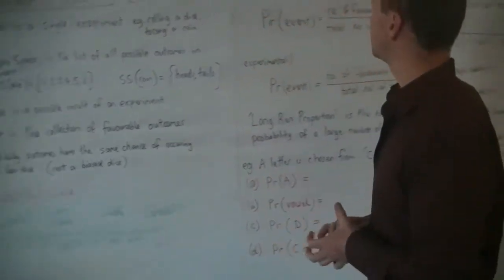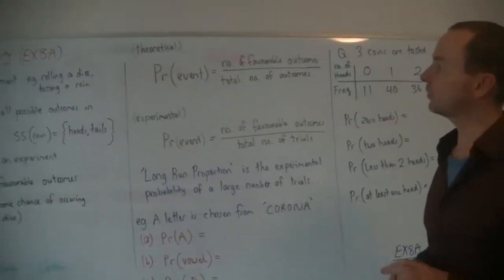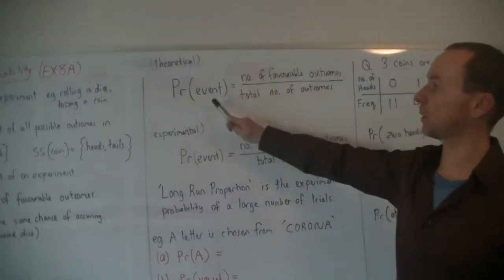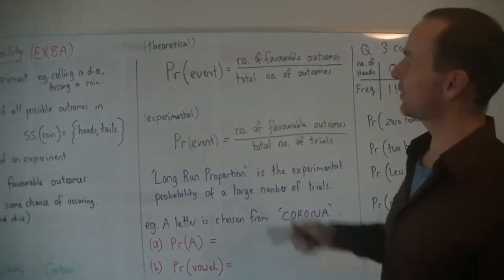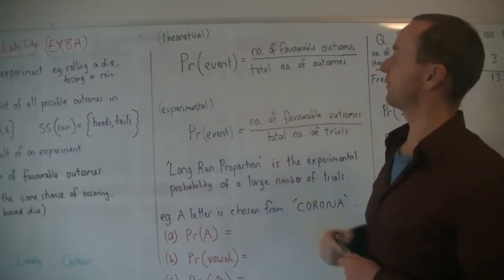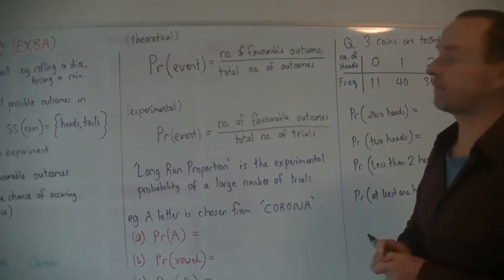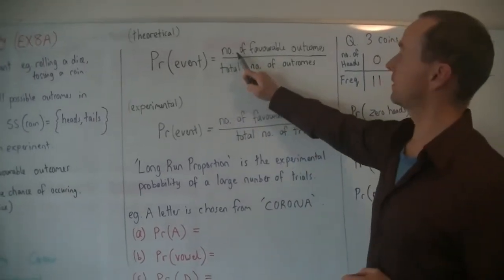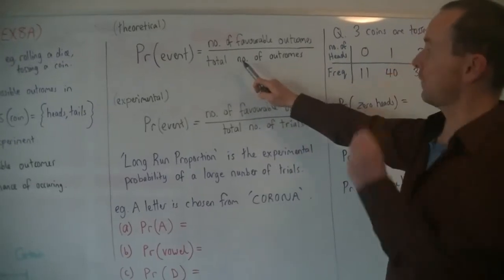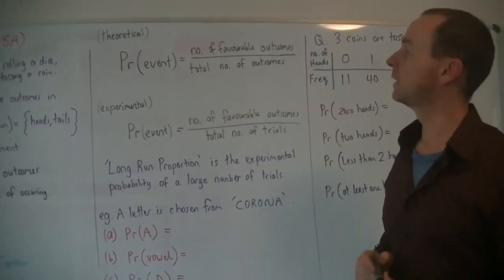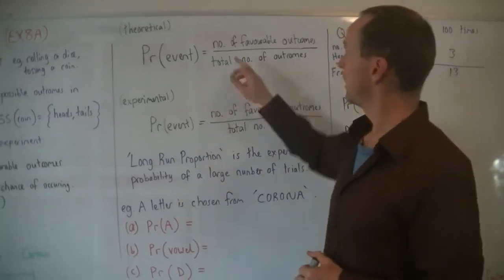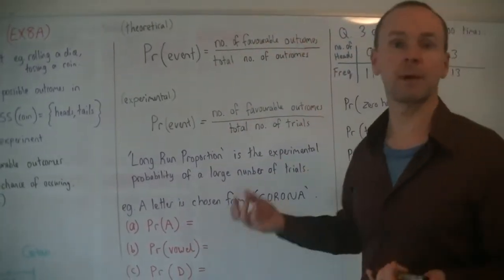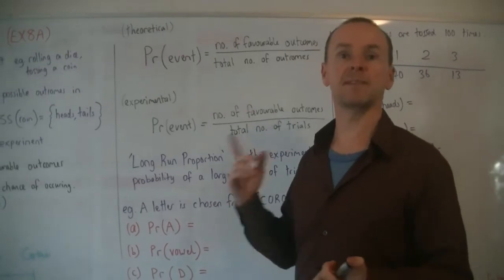Good job. Next one. Now you need to know the difference between theoretical probability and experimental probability. So theoretical is just using the maths. So the probability of any event occurring, the formula is the number of favourable outcomes over the total number of outcomes. So for instance, rolling a dice, a 6-sided dice, you've got one favourable outcome, because your favourable outcome might be how many 6s do we get?